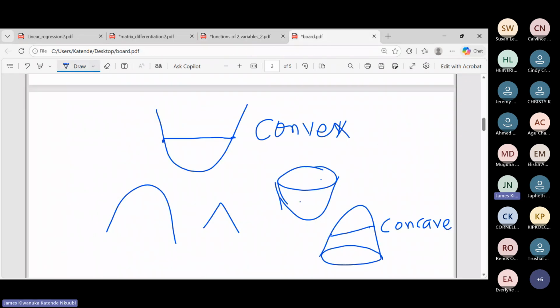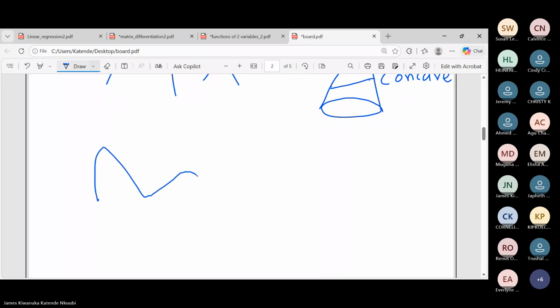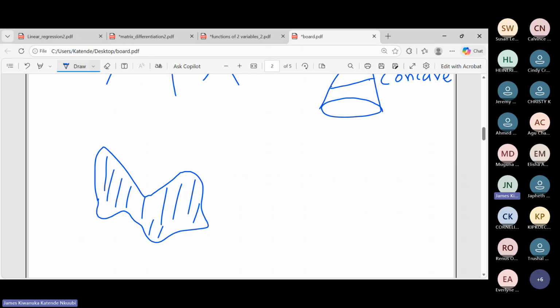Another way to look at it is the following. If I have, say, an object that looks like this, for it to be a convex set, the set consists of the things that are in the interior of this boundary.